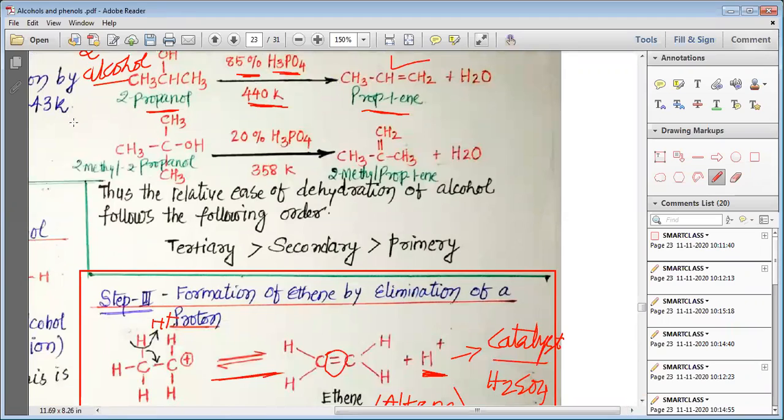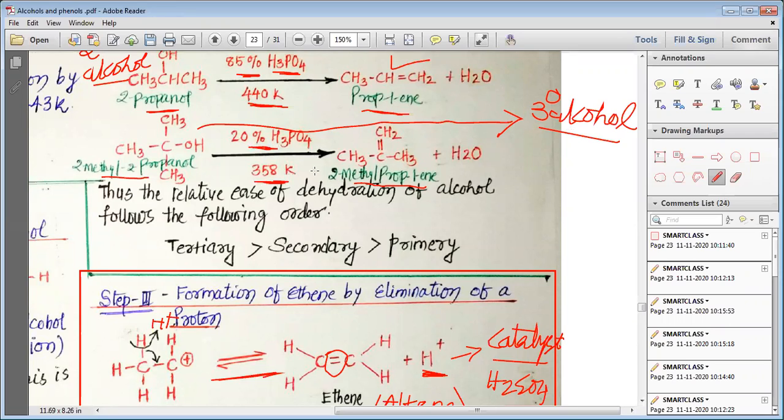But if you have a tertiary alcohol, such as 2-methyl-2-propanol, and you want to convert it into 2-methylprop-1-ene, then it is converted by 20% H3PO4 at 358 Kelvin.